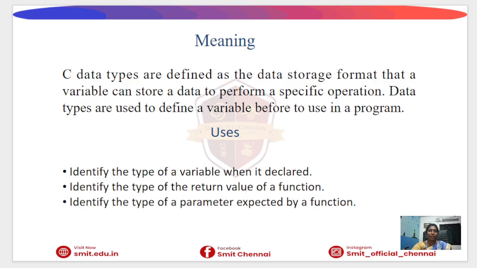For example, age is a whole number, percentage is a decimal, and name is stored as characters. So C provides different data types to store different types of data. Data types tell the system how the data is stored and how it is to be used.